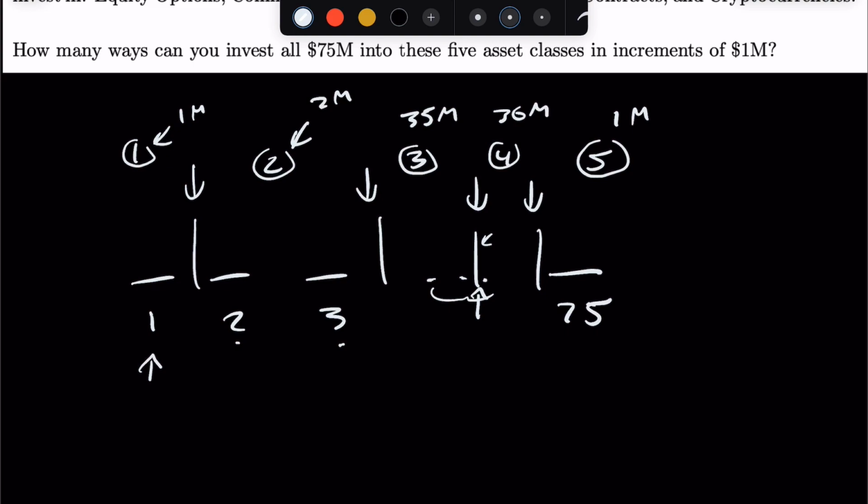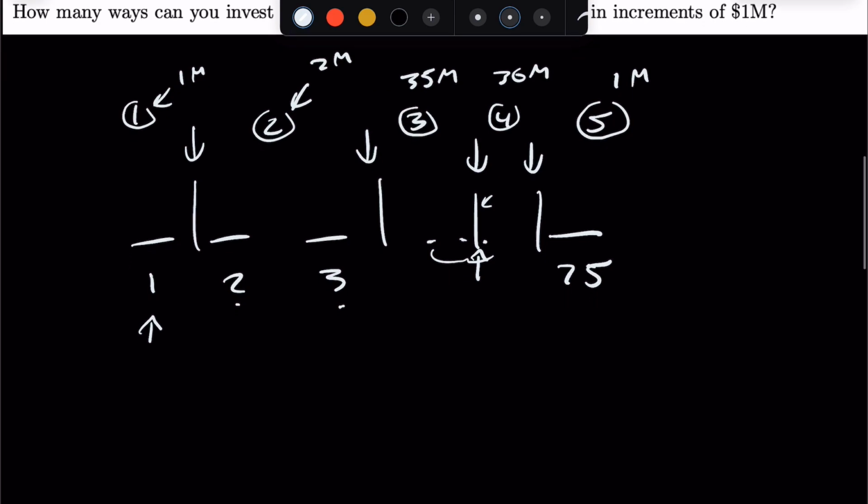The gist of what I just did was dividing up these 75 individual millions into 5 different distinct sets using 4 dividers, because 4 dividers partition our entire amount into 5 spaces.